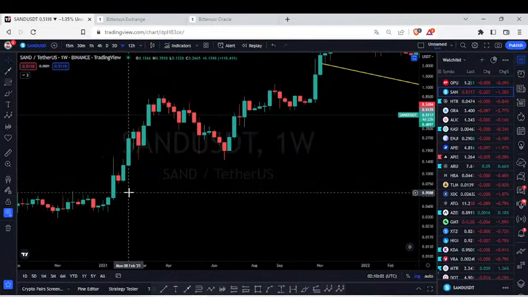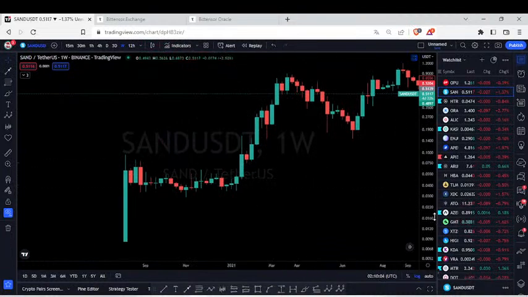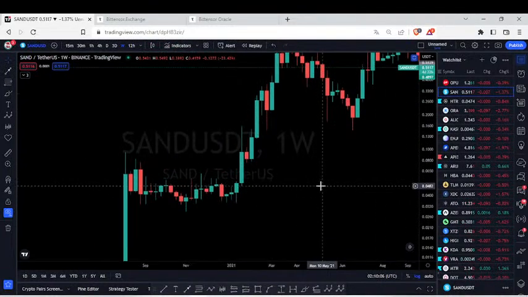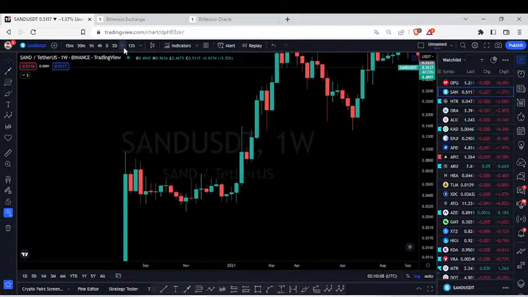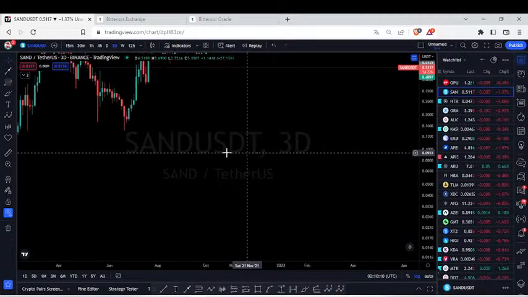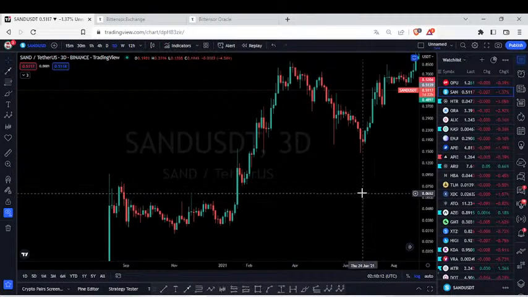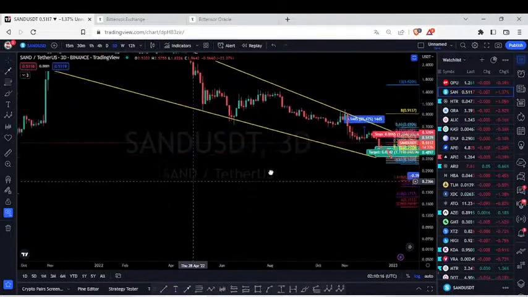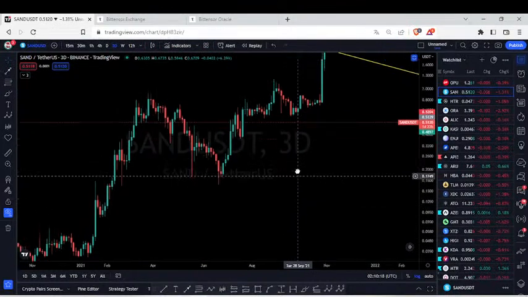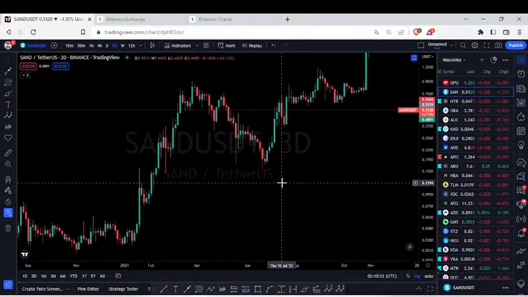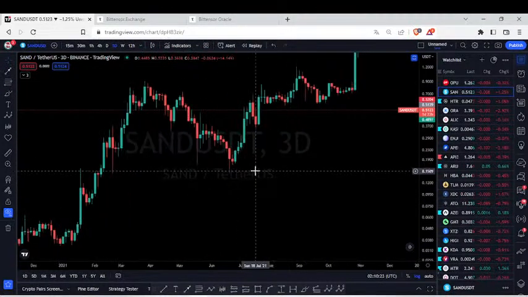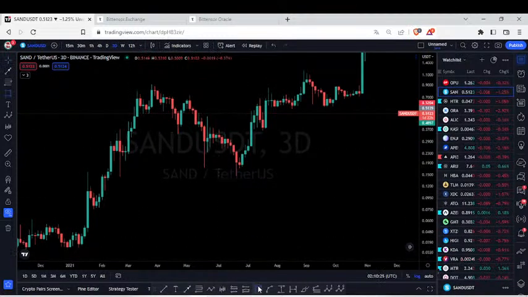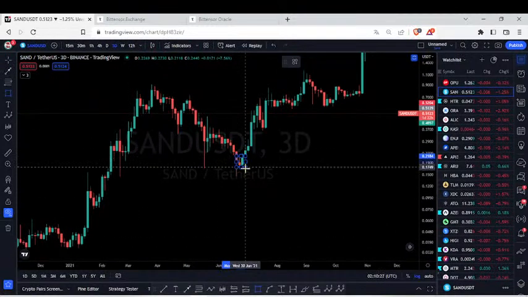Alright, learn the reversal dojis. Okay, so the morning star dojis and evening star dojis. They will come in slightly different forms. Okay, here, this is one for example, and focus on the 3-day chart.